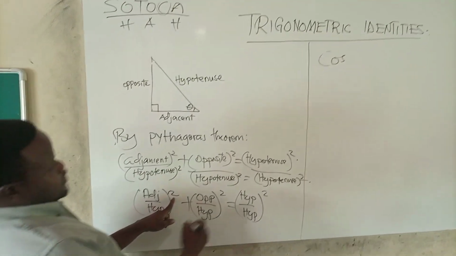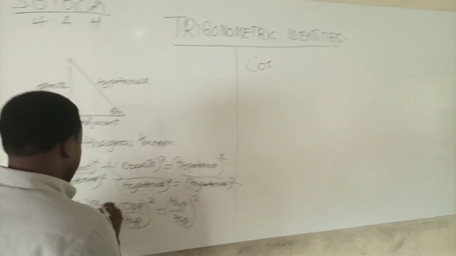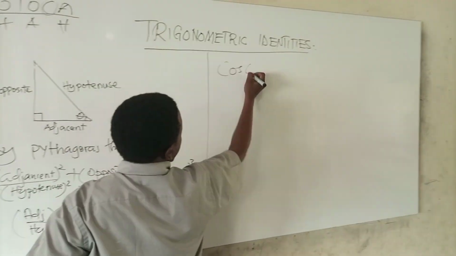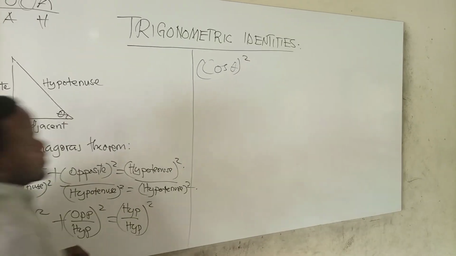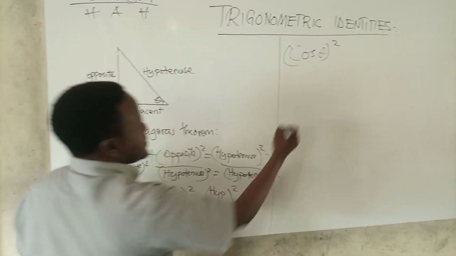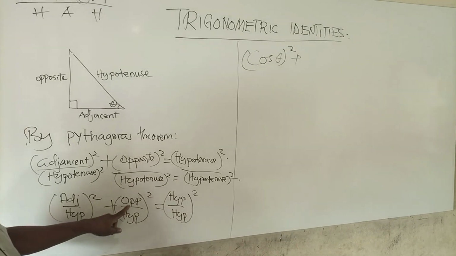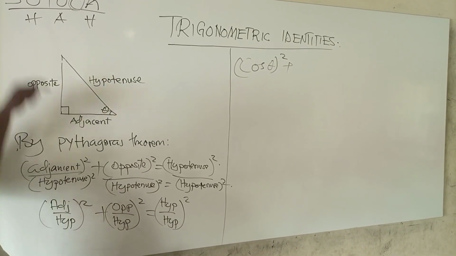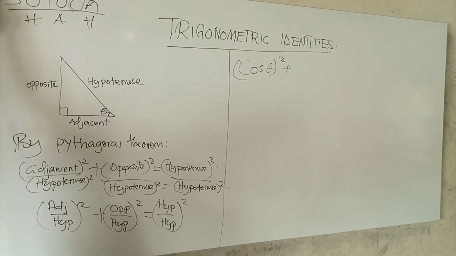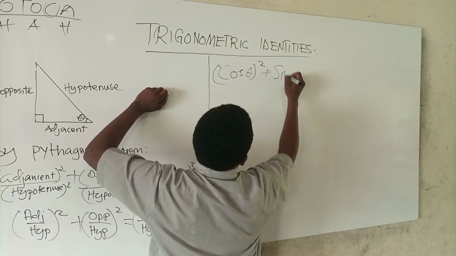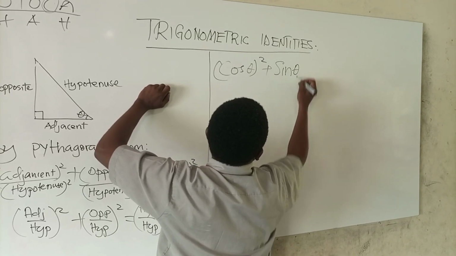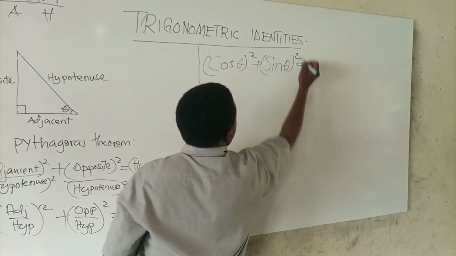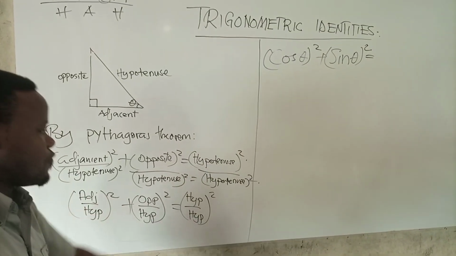This one has a square, so we remember that it is the cosine of angle theta. So that will be cos square plus opposite over hypotenuse in the bracket squared. Opposite over hypotenuse is sine, so we write sine of this angle theta, squared, is equal to hypotenuse over hypotenuse.